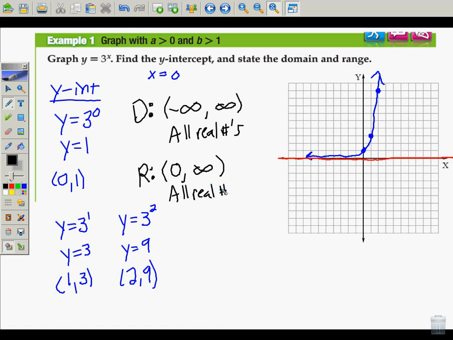So basically we're doing the exact same thing that we've done before in graphing. It's just instead of having a line, we're going to have this exponential function, which is going to have a curve in it. Your domain, all real numbers, negative infinity to infinity for x. Your range, though, exponential functions are never negative, so it will only go from 0 to infinity. It will be all real numbers greater than 0.